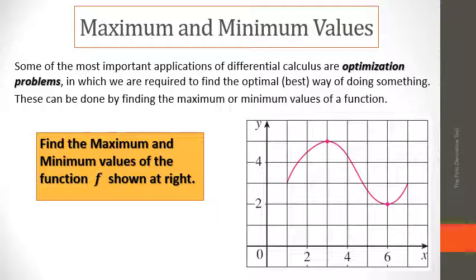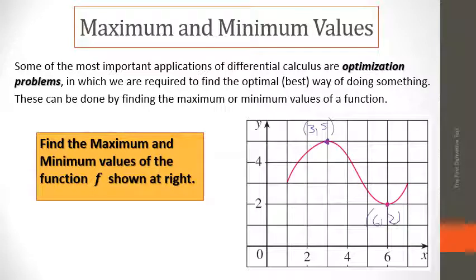So first let's look at this graph, and I said please find the max and min values of the function. So what we have right now is this point, which is a max of (3, 5), and this point over here, which is a min of (6, 2).